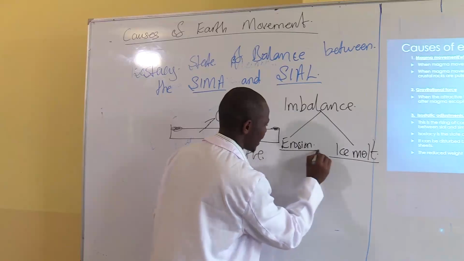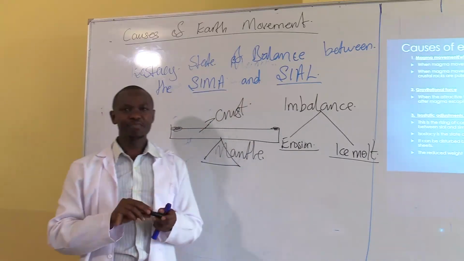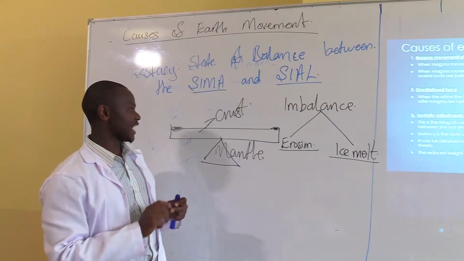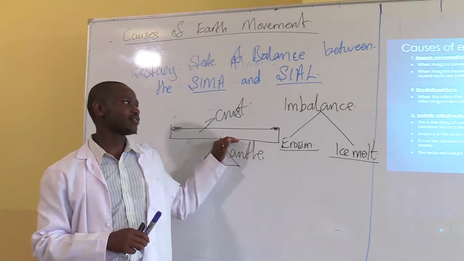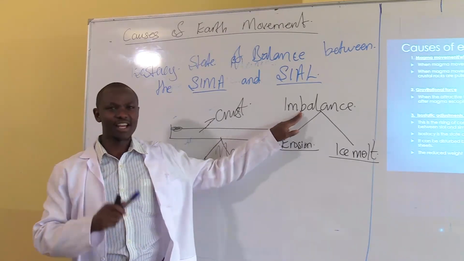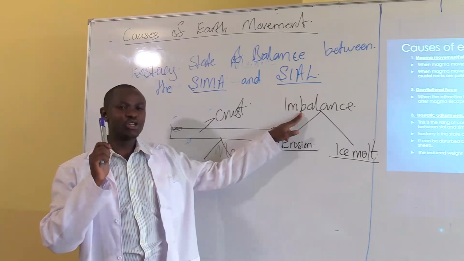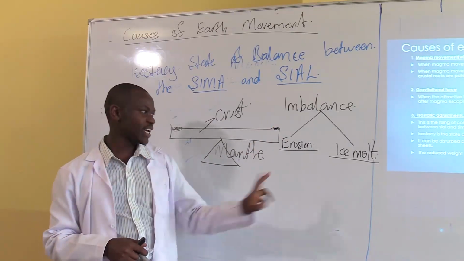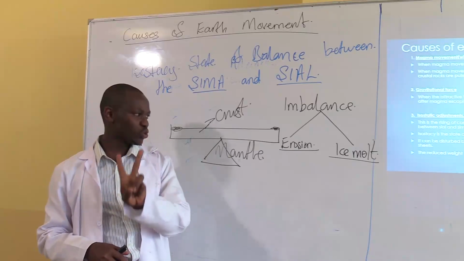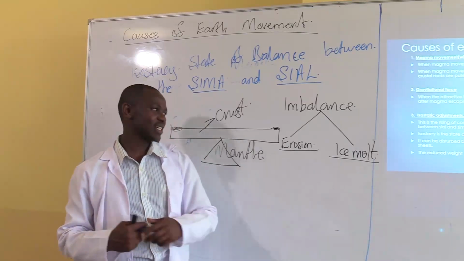Ice melts and erosion. For the crust to have any imbalance, or lack of balance, it is due to a difference in weights. It is due to one, erosion, and two, ice melts.